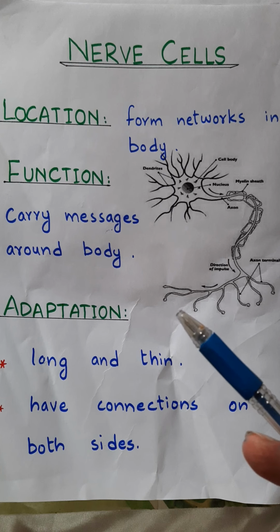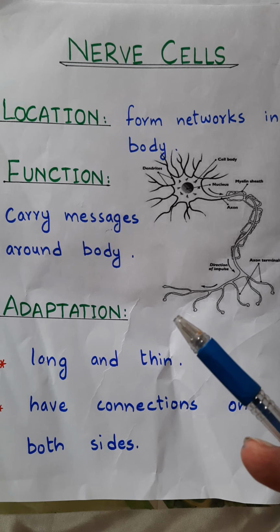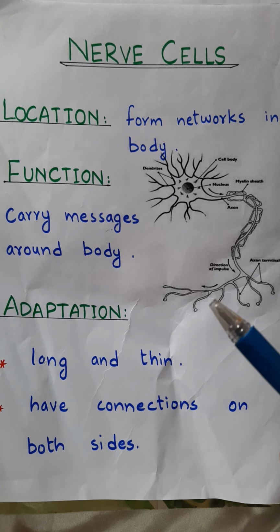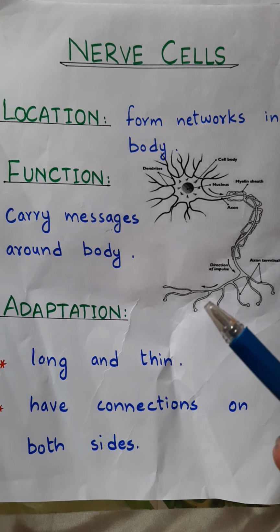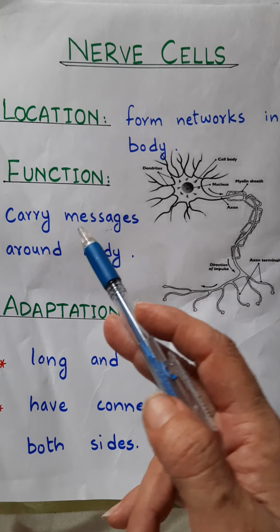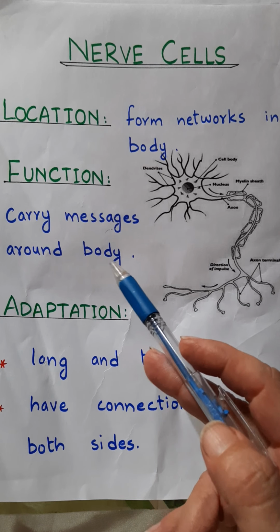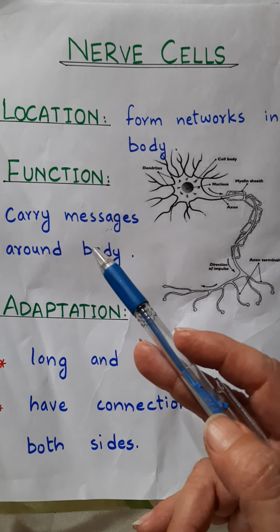These nerve cells are also present in the rest of the sense organs like the eye, the ear, the nose and the tongue, and they have the ability to carry messages around the body. Where do they carry these messages?